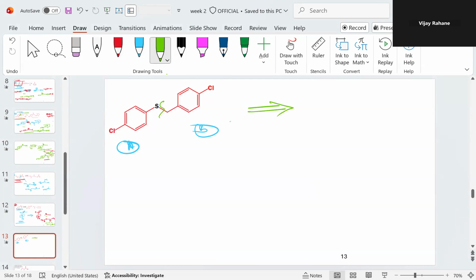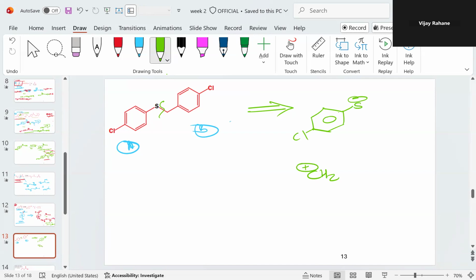So what are the two species we get upon disconnection? We get this S negative, along with another part, this CH2.